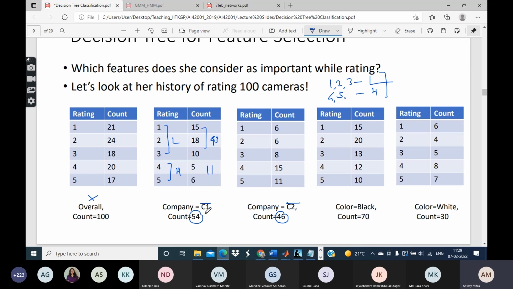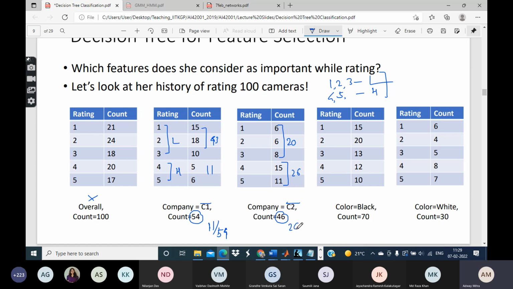So in her rating, company C1 seems to be faring really badly. That is, there is only an 11 by 54 probability that she will be giving good feedback to them. On the other hand, if we see company C2, in 20 cases she has given a low rating, but in 26 cases she has given high ratings.